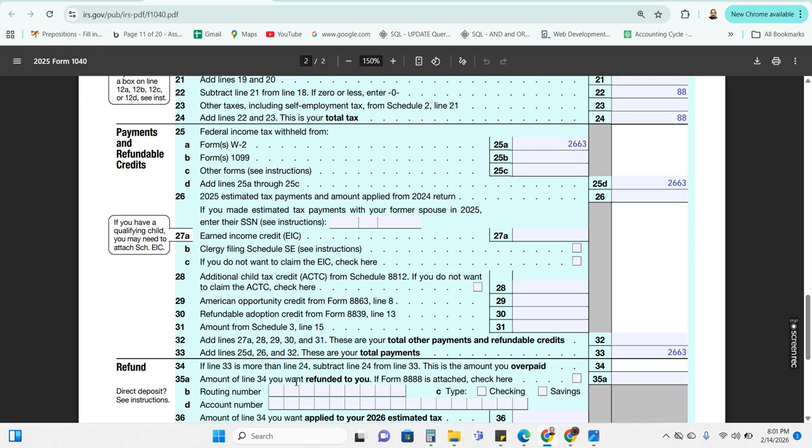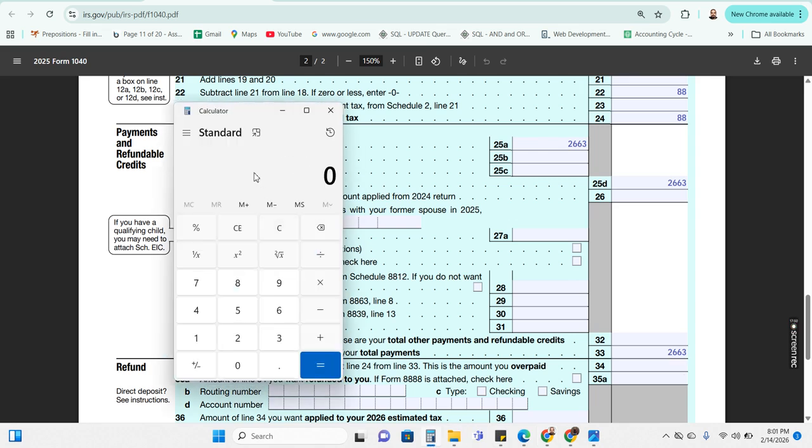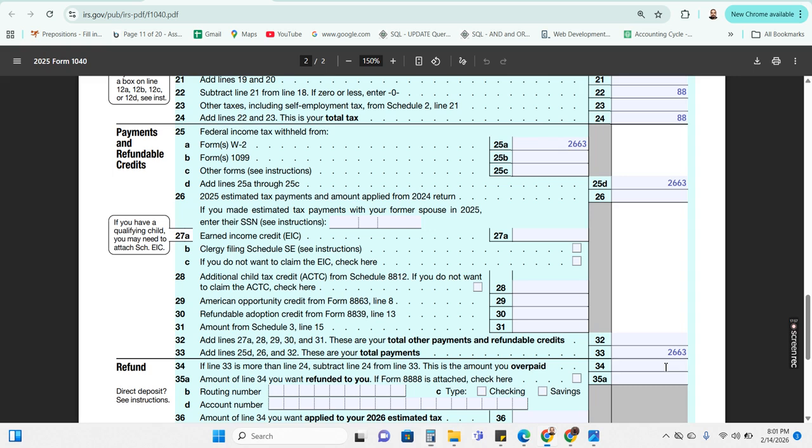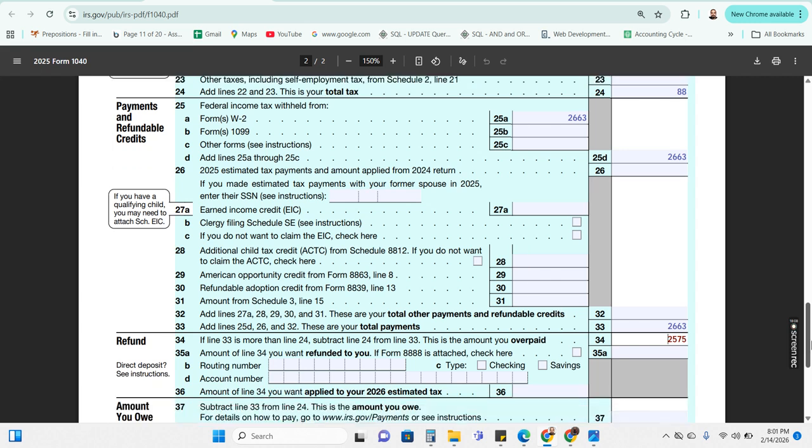If line 33 is more than line 24, subtract line 24 from line 33. So 2,663 minus 88, 2,575. This is the amount the taxpayer overpaid.